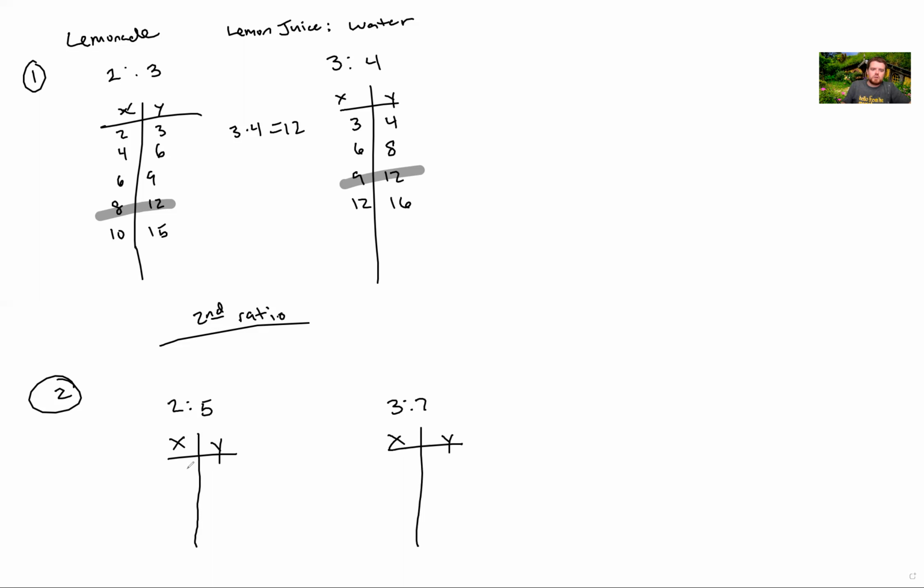So for the first ratio, 2, 5, 4, 10, and keep going down, down to 14, 35. And the second ratio, 3 to 7, 3, 7, 6, 14, continuing down.